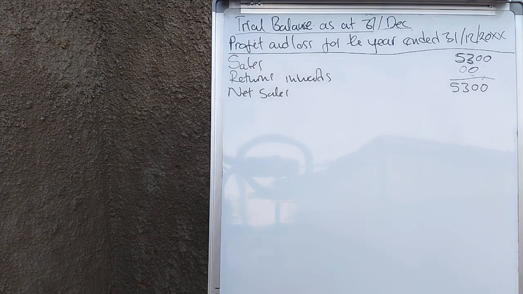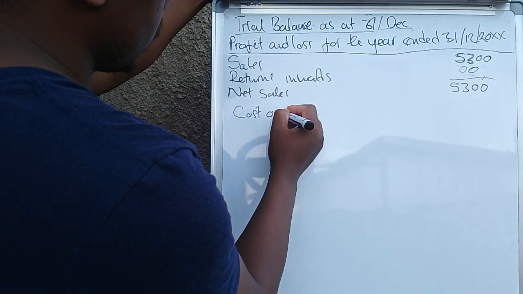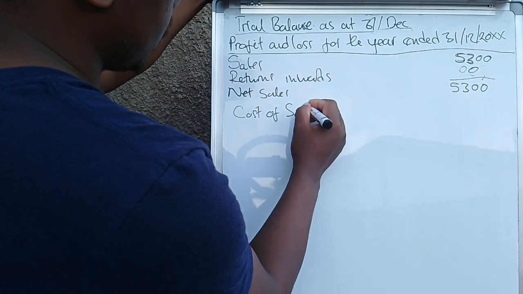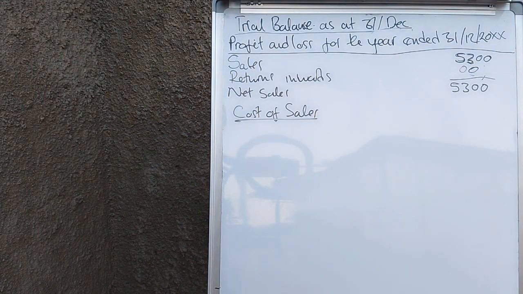Then we move on to the cost of sales component. In order to obtain gross profit, we deduct cost of sales from sales. Okay, so in cost of sales, what do we have?